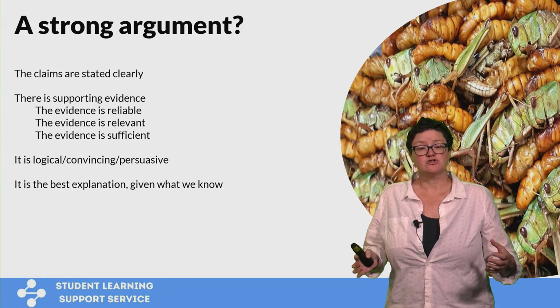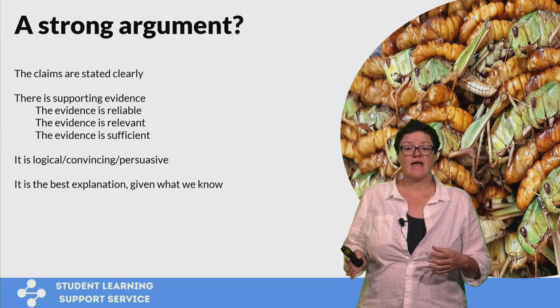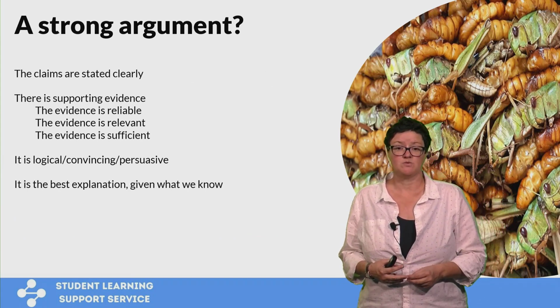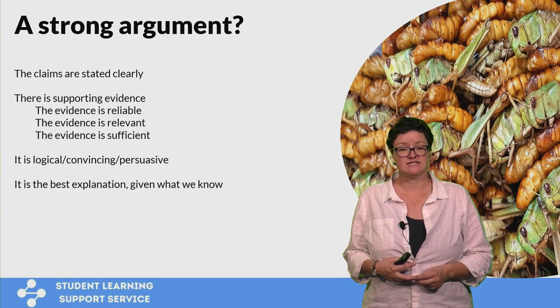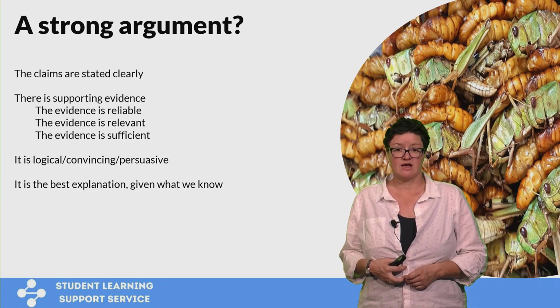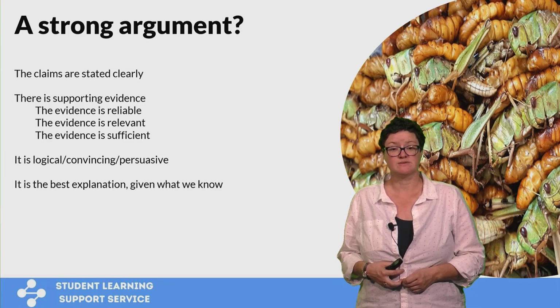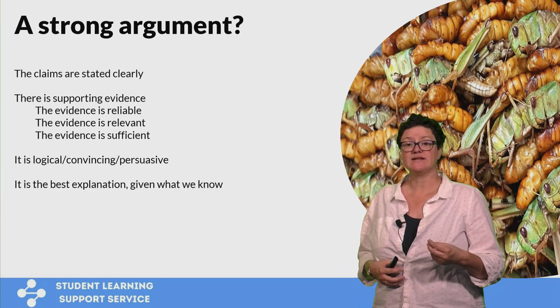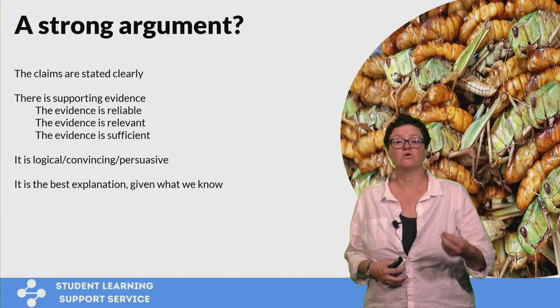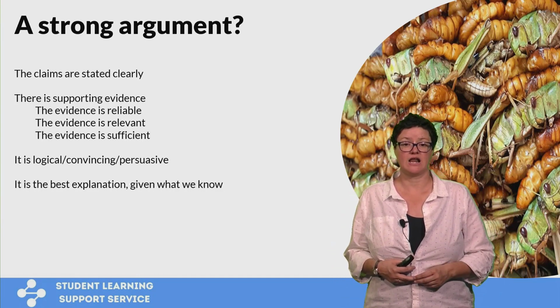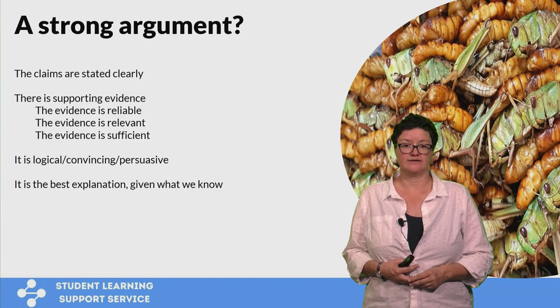So what is really crucial in your academic work is that you're able to identify argument when you see it. You're able to identify what the claim or conclusion is that the author is putting forward, and then how it is that they are supporting or justifying that claim through the evidence provided.